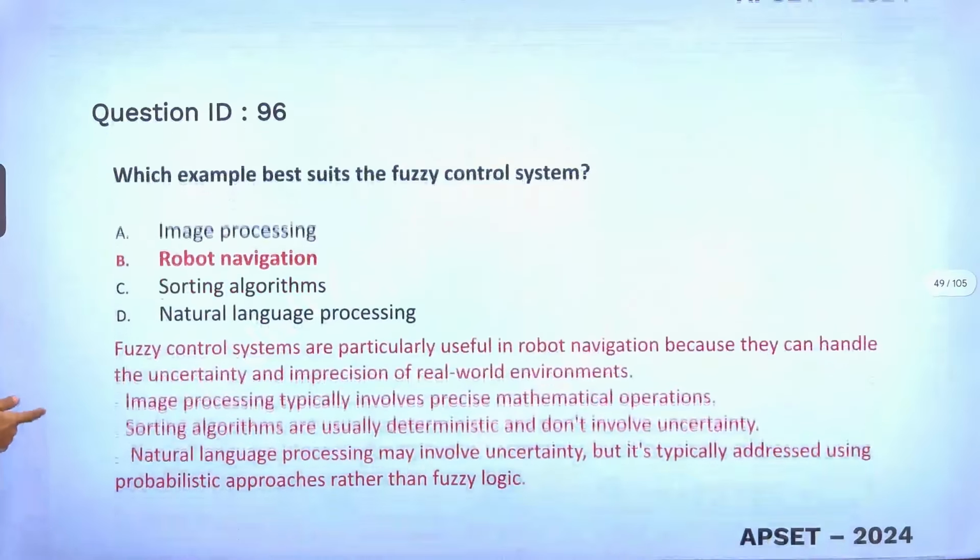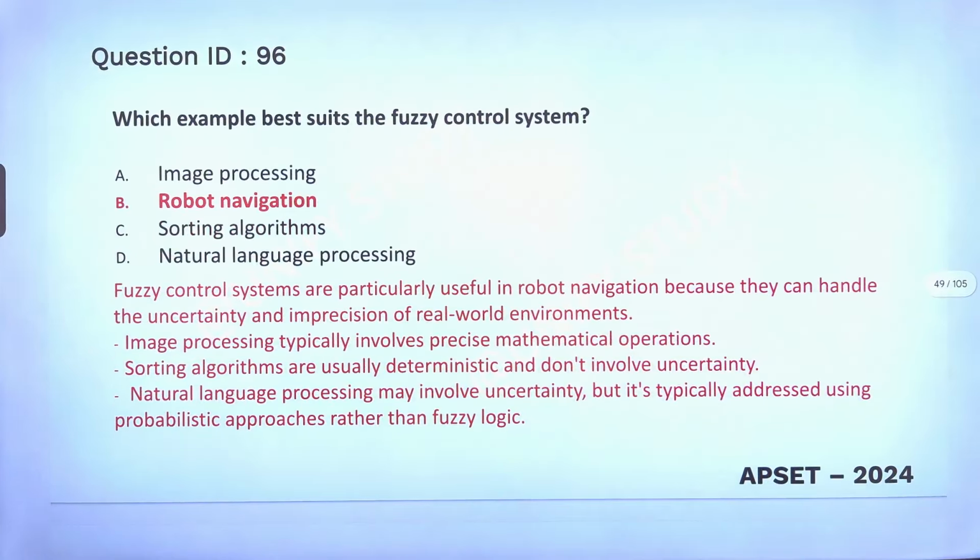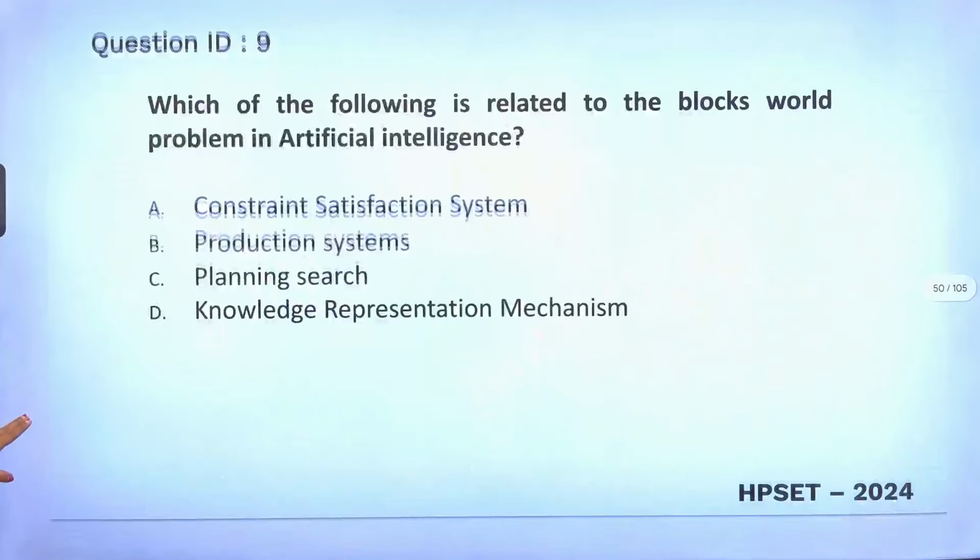Here definitely robot navigation. Fuzzy means hazy. Fuzzy means not clear. Fuzzy means it is working with uncertainty, right? It is not true, not false, but in between values. That is the fuzzy control. So that's why robot navigation is the correct answer here.